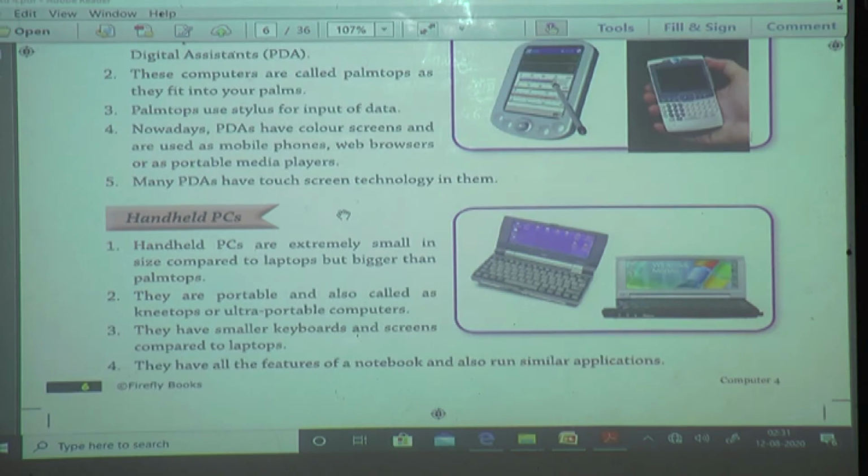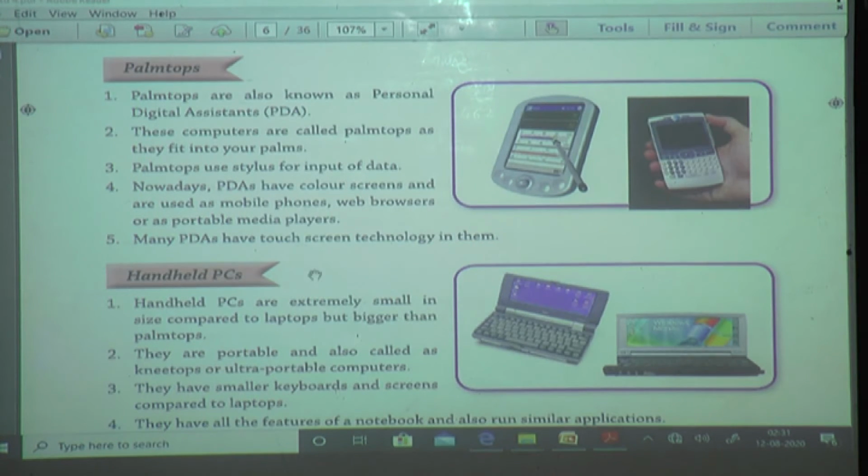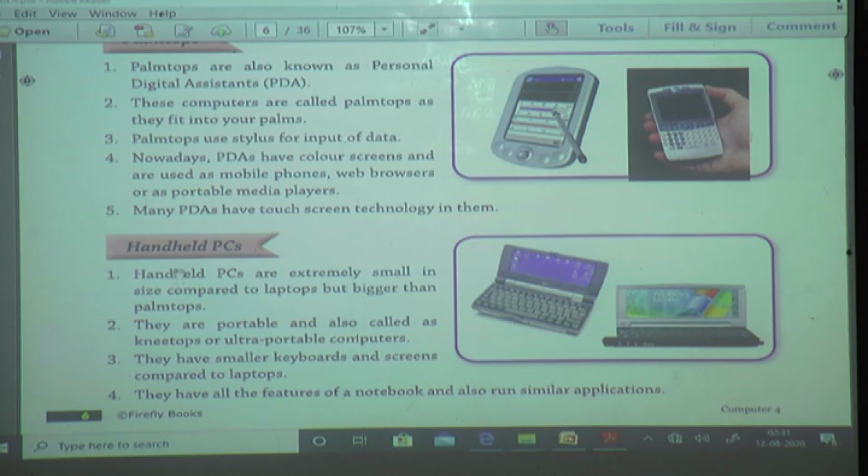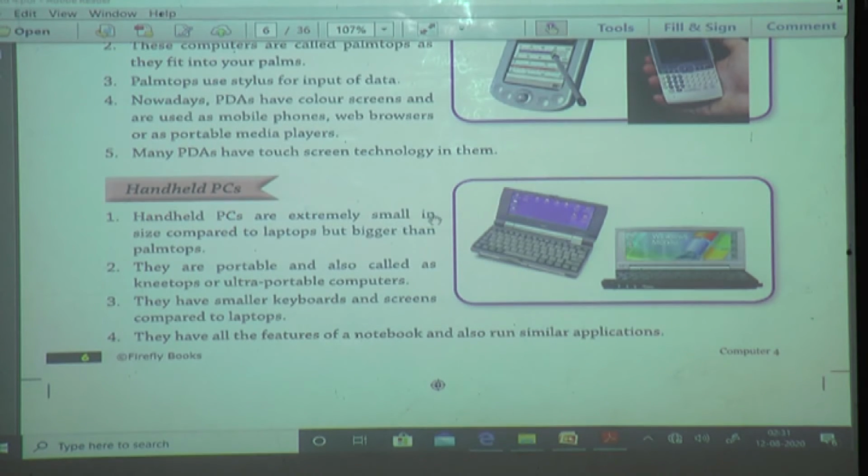Which is the smallest computer? The palmtop is the smallest, and the largest is the desktop. Handheld PCs are extremely small in size as compared to a laptop. They are smaller than a laptop but bigger than a palmtop.